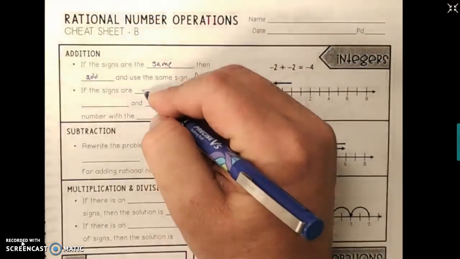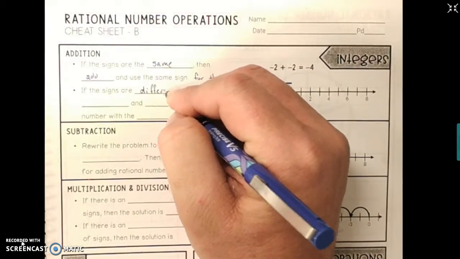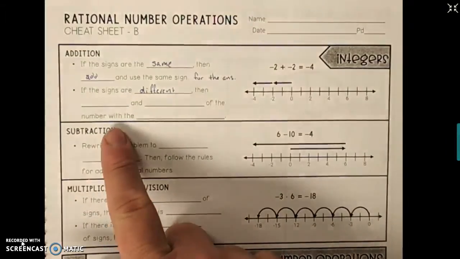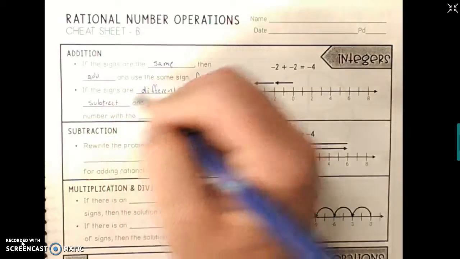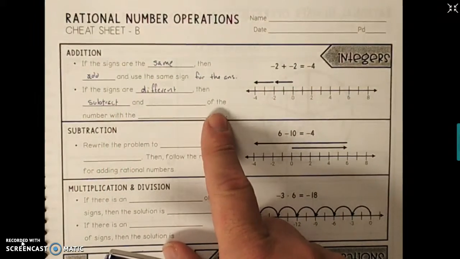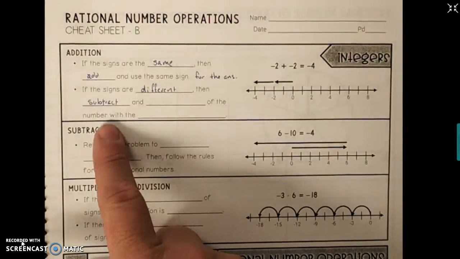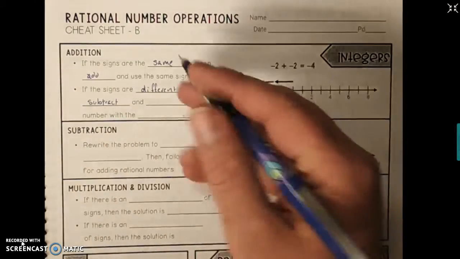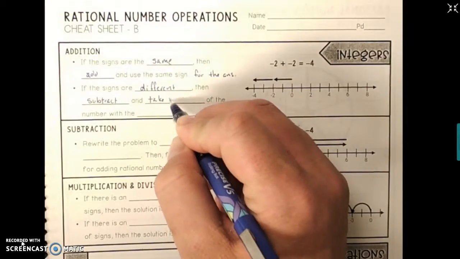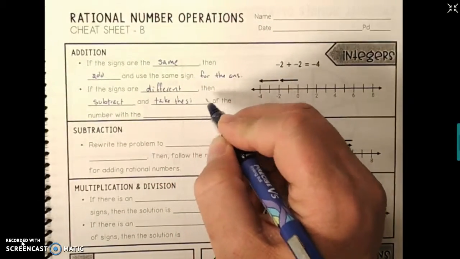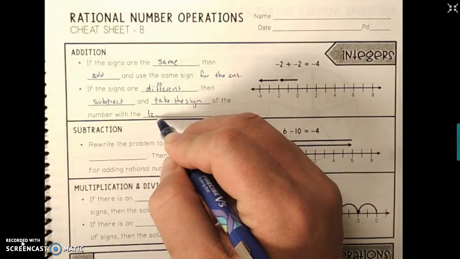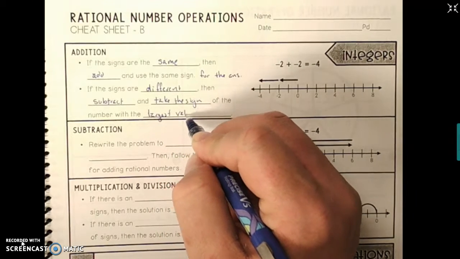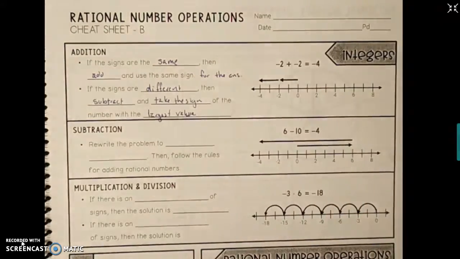If the signs are different, then you're going to subtract and take the sign of the number with the largest value.